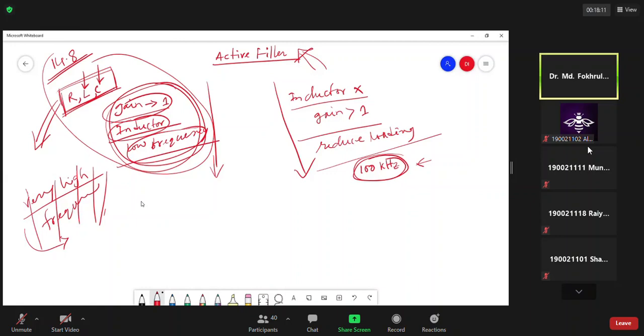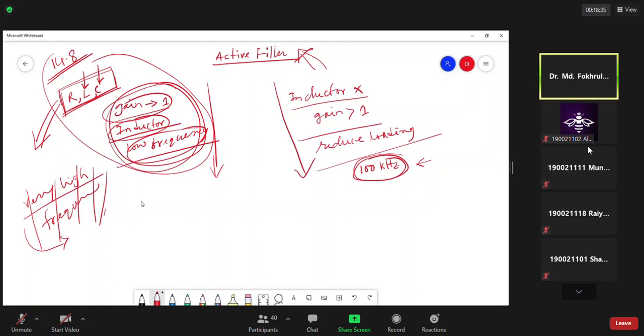The number of poles determines the order of the filter. So first we will discuss all types of first order filters.